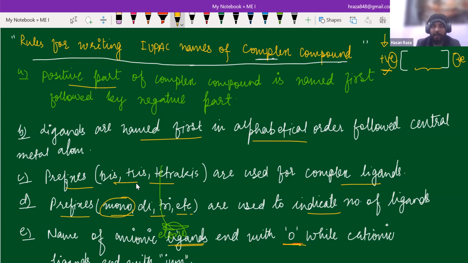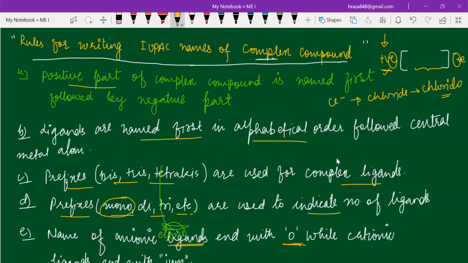And now there is the classification. If you have an anionic ligand, that means a ligand having negative charge, its name ends with O. Like you know that this is Cl minus, which is chloride, but since it is a negative ligand, its name ends with O. Now the chloride will become chlorido. Are you getting my point? Okay, sir.